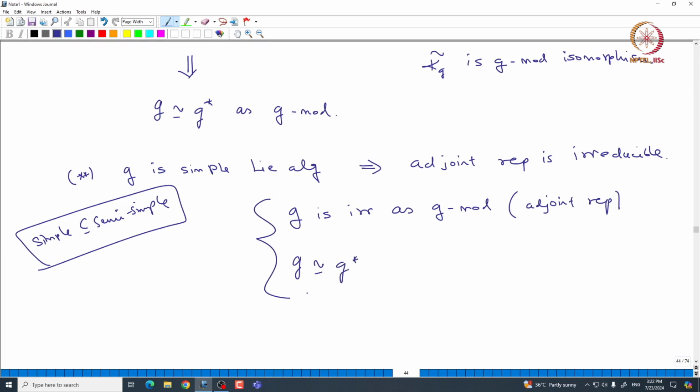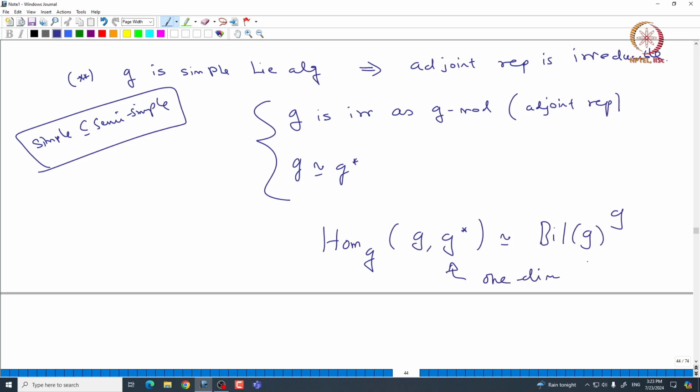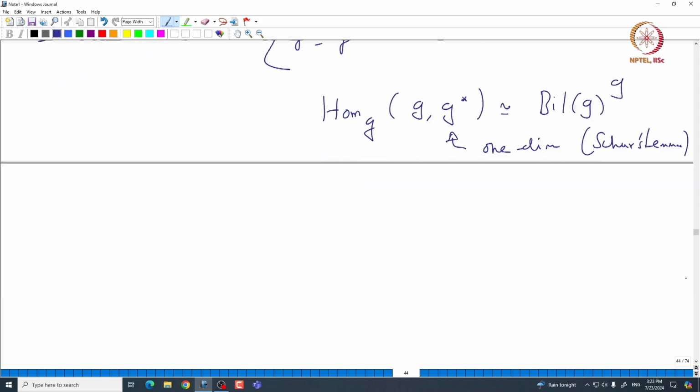With these conditions, you can see that the space Hom_G(G, G star) is isomorphic to the invariant forms on G. That is one dimensional. This is what Schur's lemma says. So, this way we can conclude that the space of G invariant forms of a simple Lie algebra must be one dimensional. So, what is the conclusion?